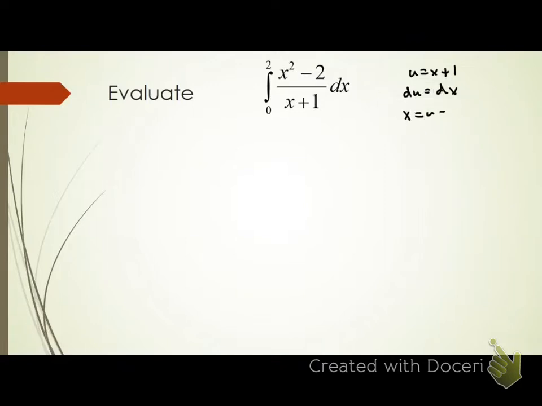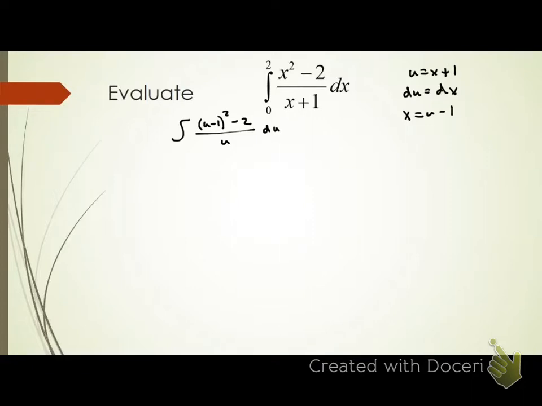Okay. And then we're going to plug that in. So now it becomes the antiderivative, and I'm not going to put in new boundaries yet. So it becomes x squared, what is x? u minus 1 squared minus 2 over u, and du replaces dx.